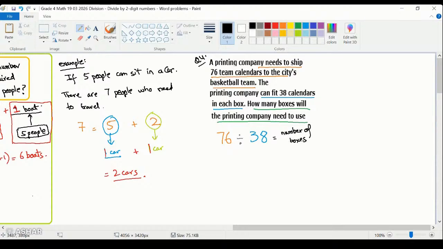Okay, in each box 38. So once we divide 76 by 38, see, what we need to do is, Semi, look over here. What we need to do is we need to divide by a large number, right?